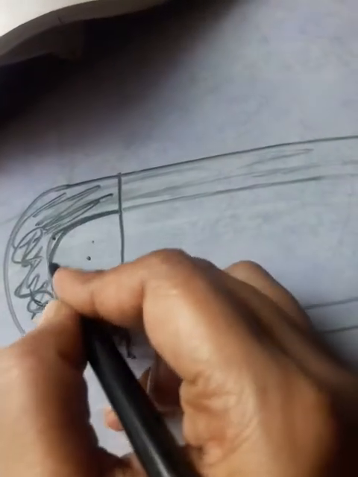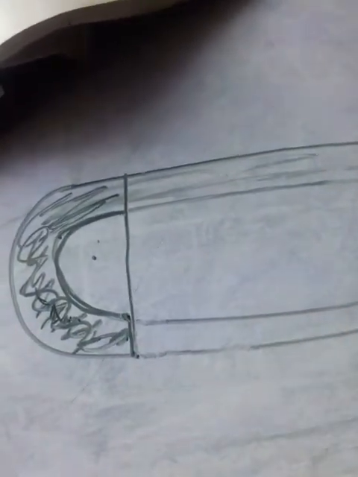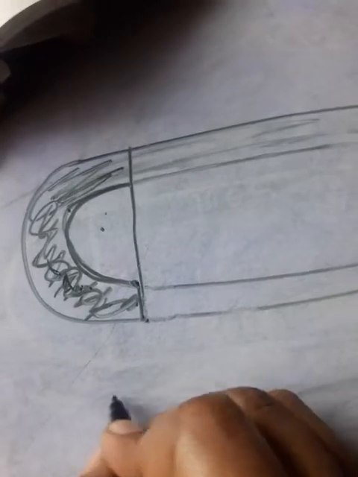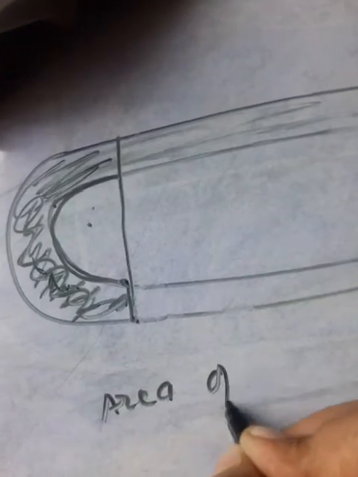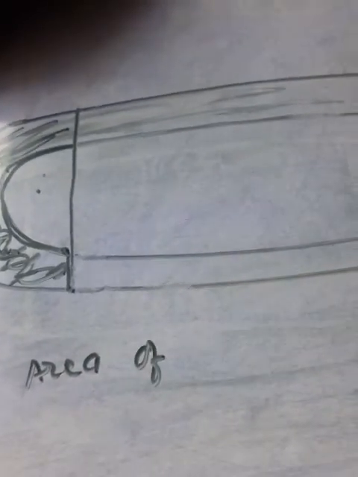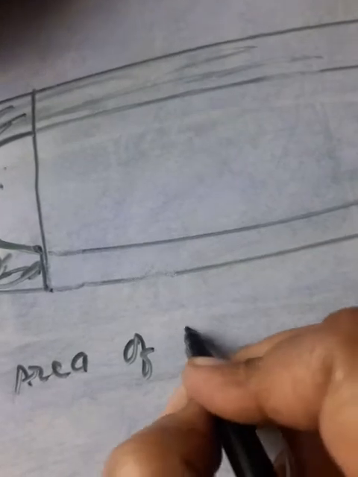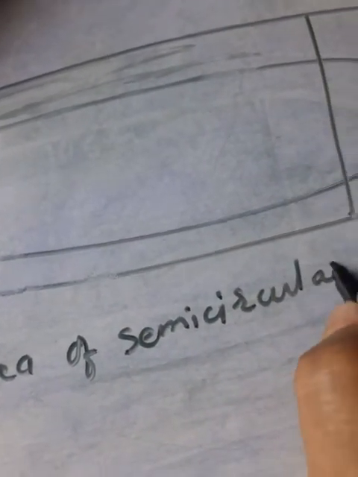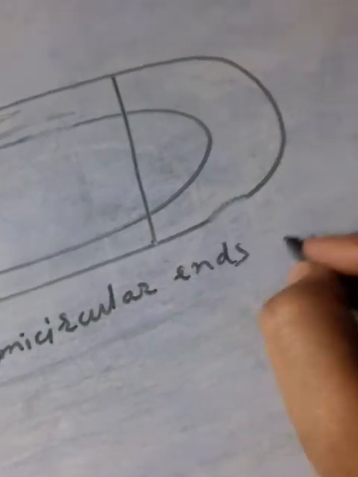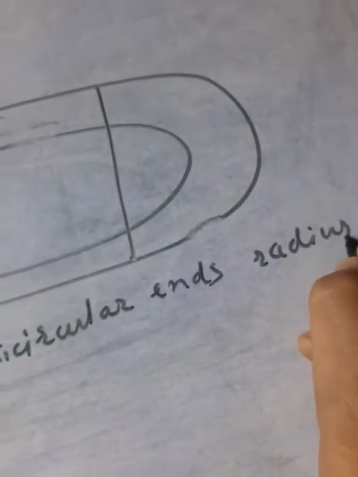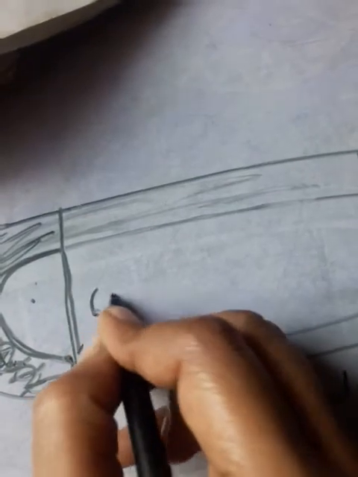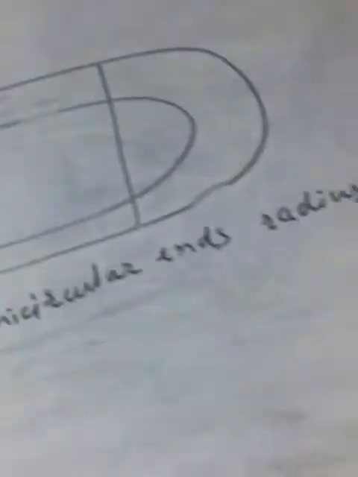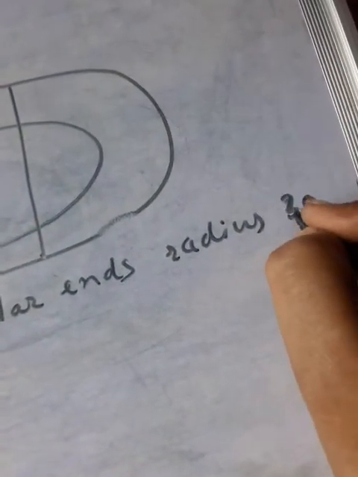So firstly find the area of the inner semicircular ends. The inner semicircular end has a diameter of 60, so the radius is 30 meter.